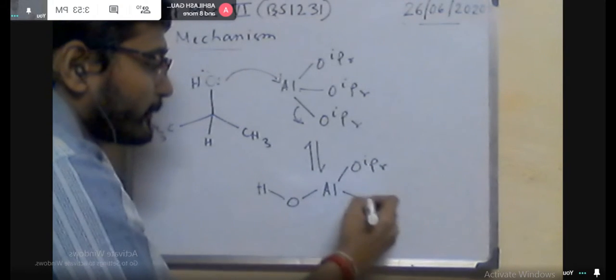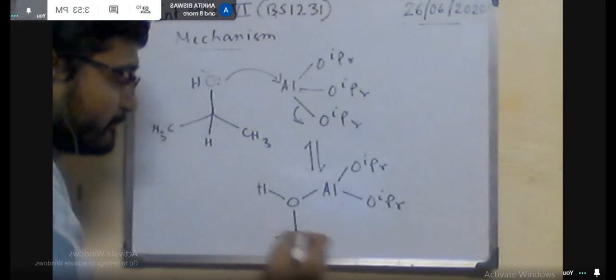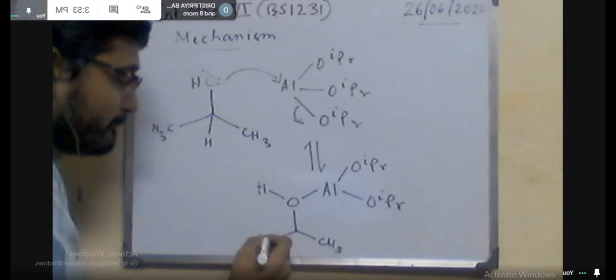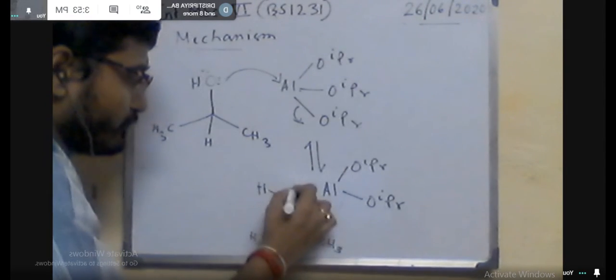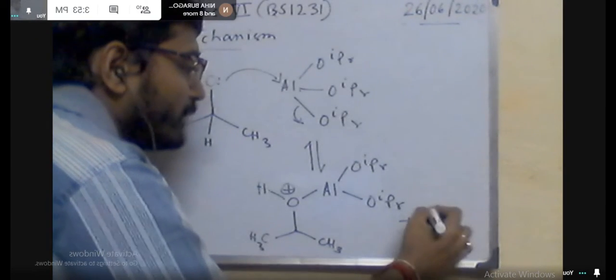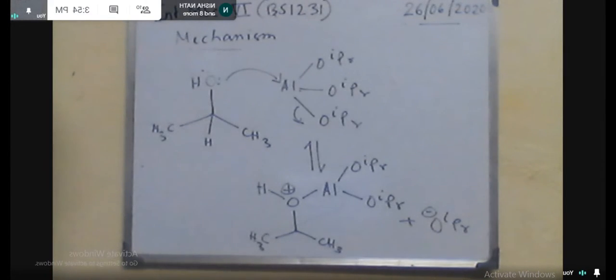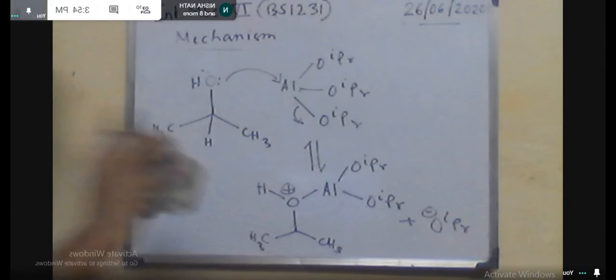So it will attack here and it will leave the molecule to generate R prime aluminium minus.